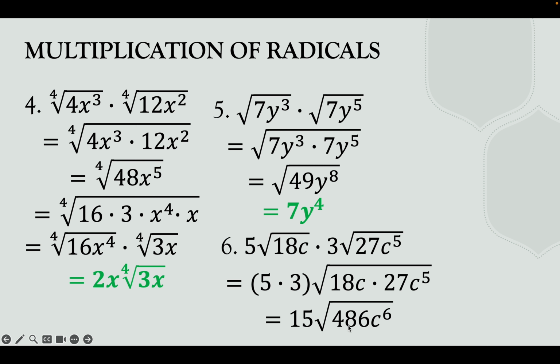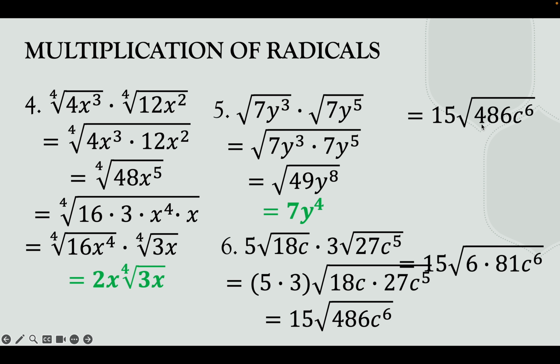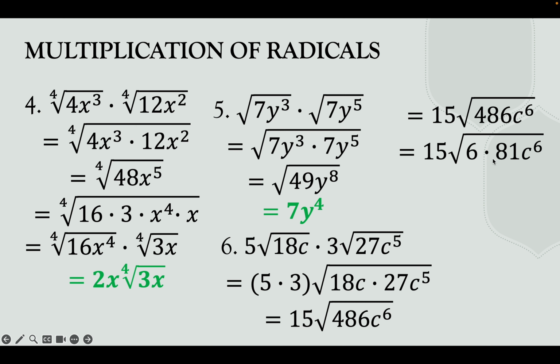Next, we just need to factor 486. One of the factors must be a perfect square and the other a non-perfect square. So we have 15 square root of 6 times 81, c raised to 6. Since 81 is a perfect square, what is the square root of 81? We have 9.